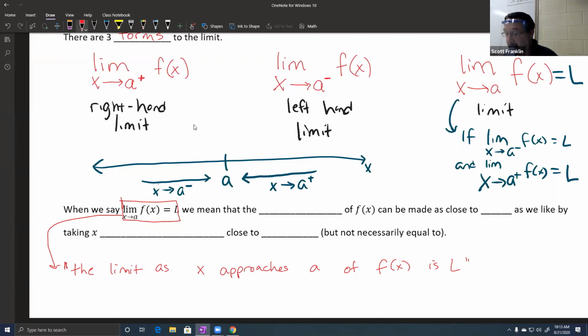We mean that the value of f of x can get as close to L, the number that it's equal to, as close as we like, by taking x sufficiently close to A, but not necessarily equal to.